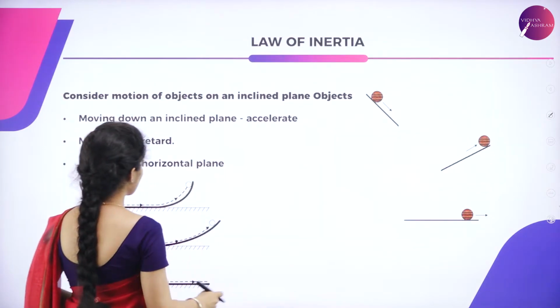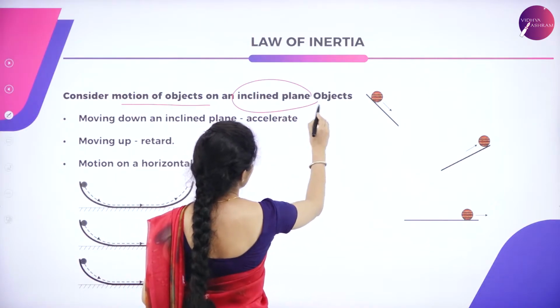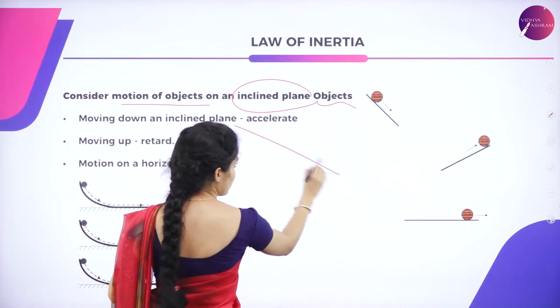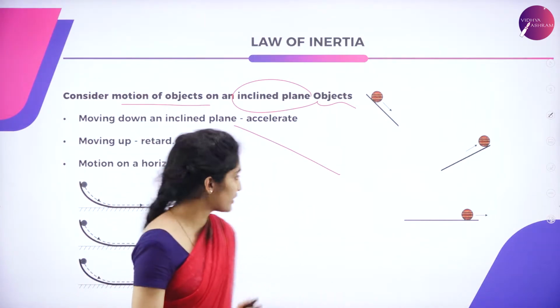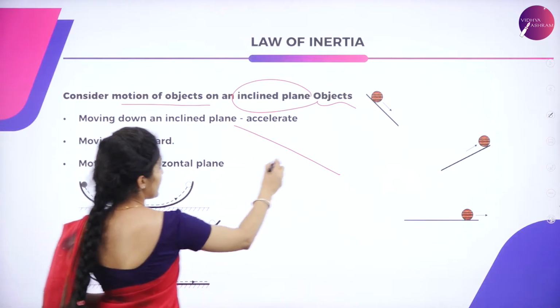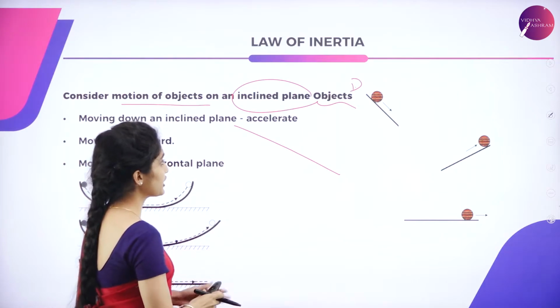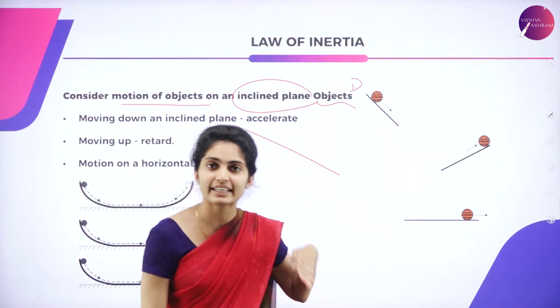Coming to the view, he considered the motion of objects on an inclined plane, a plane which has a slope. First, for the inclined plane, he studied an object moving downwards. What happens when it moves downwards on an inclined plane?